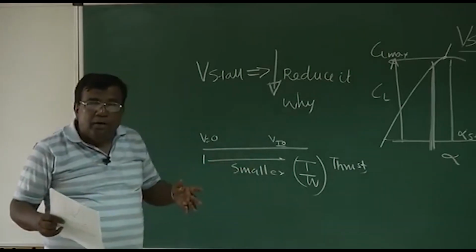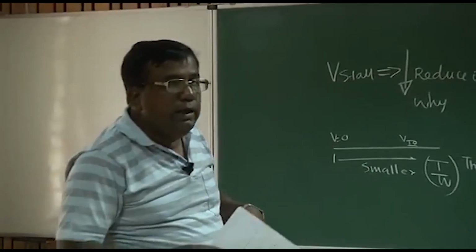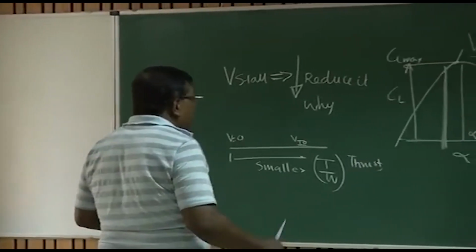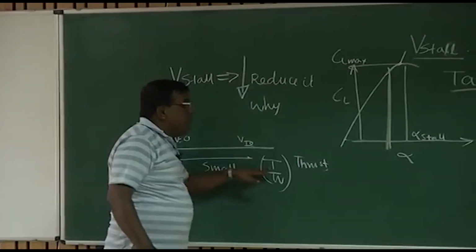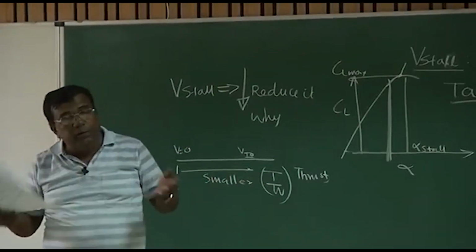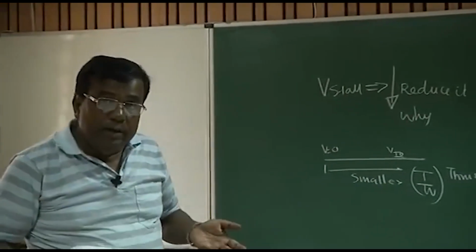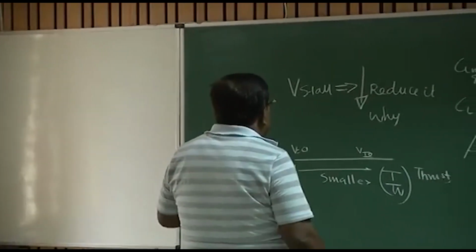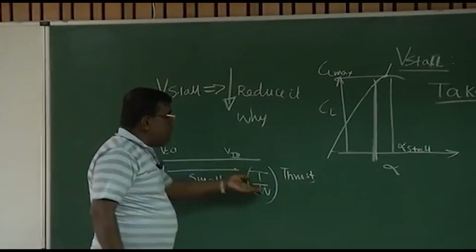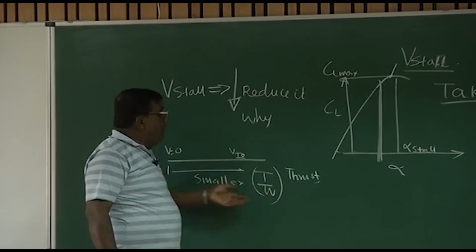If it is a low power engine, it will take a longer distance. So one way is to increase T by W as high as possible, but then there is a problem. The moment you want to put in a high thrust, high power or powerful engine, the weight may be a penalty, but there is a limit for the engine. So what is the approach? Yes, whatever best one could do for T by W, we will do in a realistic manner.